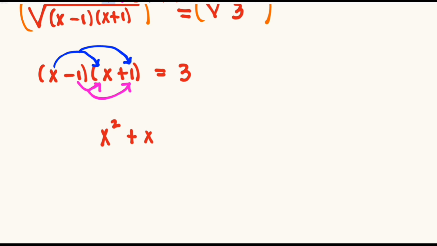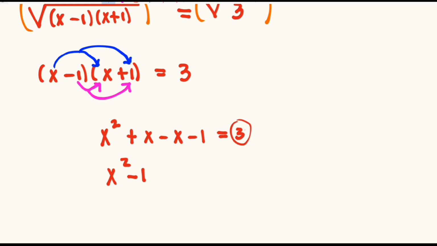Negative 1 multiplied by x will be equal to negative x. Negative 1 multiplied by 1 will be equal to negative 1. And this will be equal to 3. We have x squared plus x minus x. X minus x will be equal to 0. So we'll be left with the negative 1.